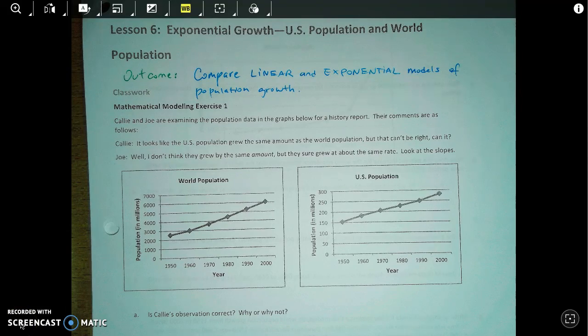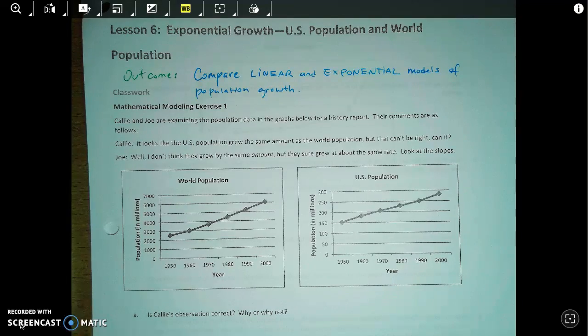Kelly and Joe are examining the population data and the graphs below for a history report. Their comments are as follows. Kelly: it looks like the US population grew the same amount as the world population. But that can't be right, can it? And Joe says, well, I don't think they grew the same amount, but they sure grew at the same rate.